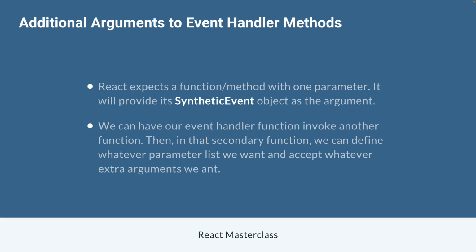So what we can do is live up to React's expectation by having our event handler just simply be a function with one parameter, but in the body of that function, we'll invoke another function or method that we have complete control of, and then in that secondary function or method, we can define whatever parameter list we want and accept whatever extra arguments we want. We can choose whether or not we even want to provide the event object or not, and any additional information that we may want to provide to that secondary function or method.